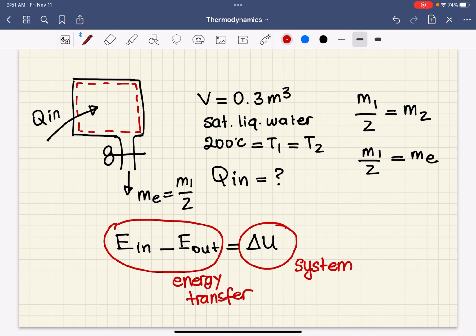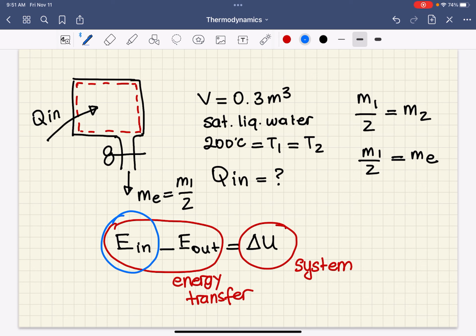So this is the general form, but we can write a more explicit form for this energy balance, and it is gonna depend on the system we are dealing with. We now look at what types of energies are actually getting in, right? We notice that the only energy getting in is heat.